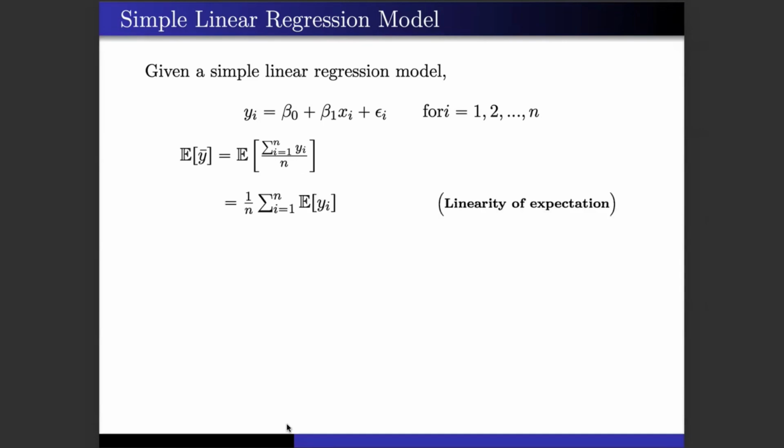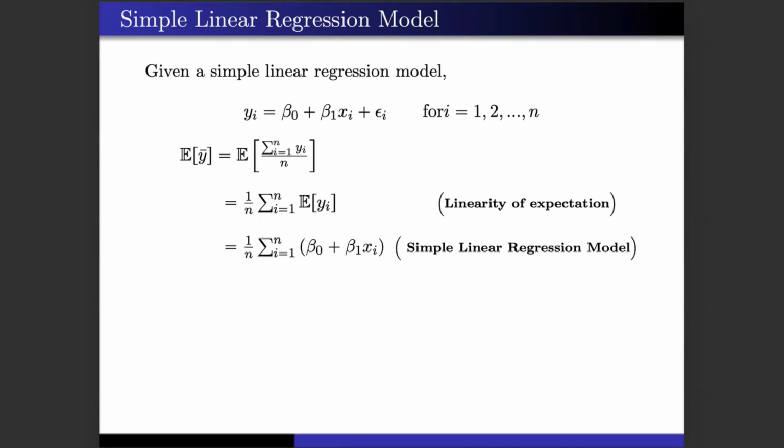Now we use the linearity property of expectation, and when we use it, we can pull out the constant 1 divided by n, and we can also pull out the summation i going from 1 to n because expectation is linear. And therefore, we get the second step that expectation of y bar equals 1 divided by n summation i going from 1 to n expectation of yi.